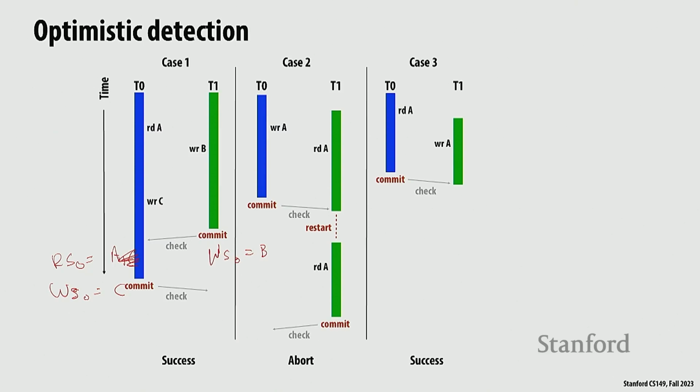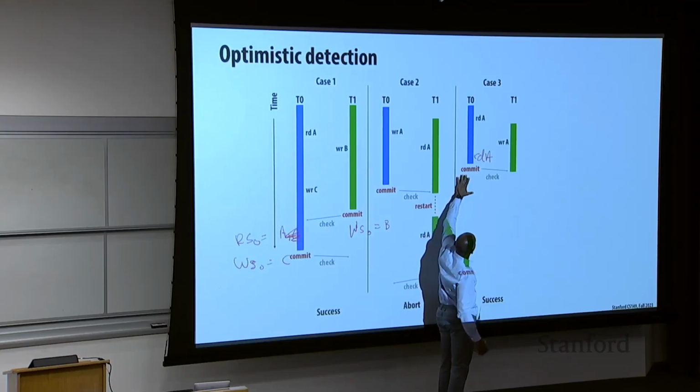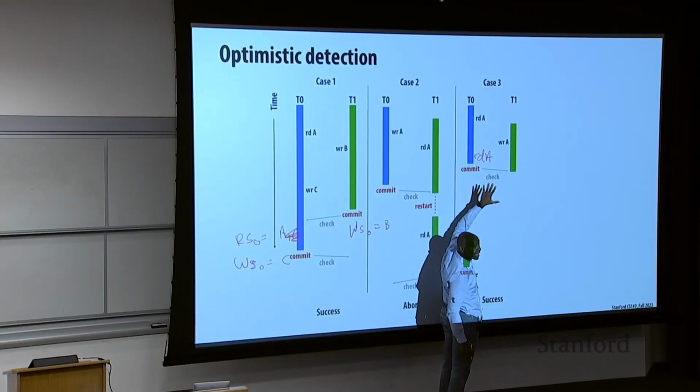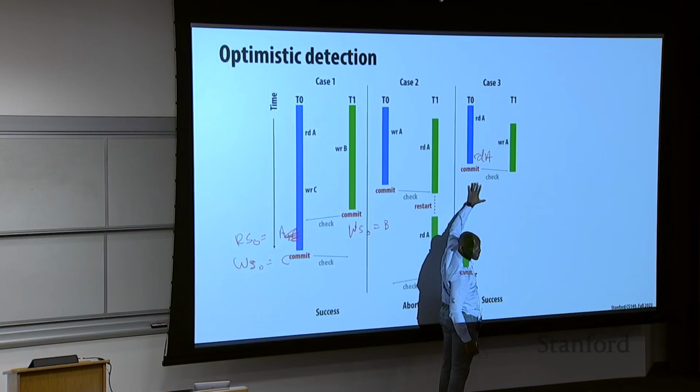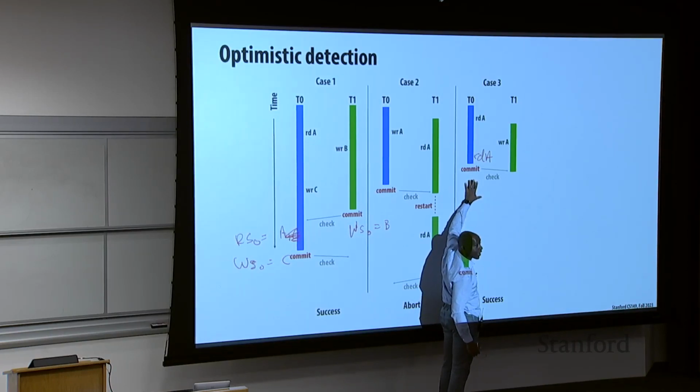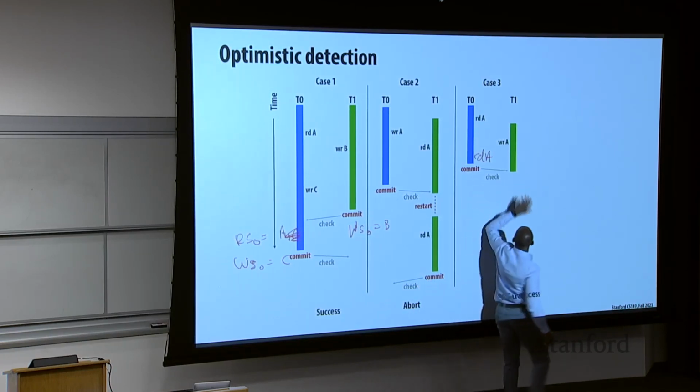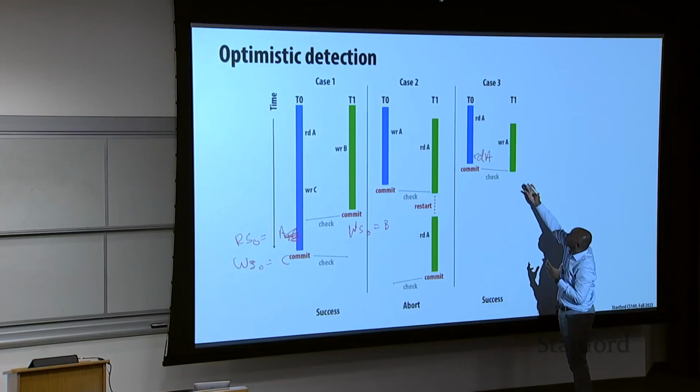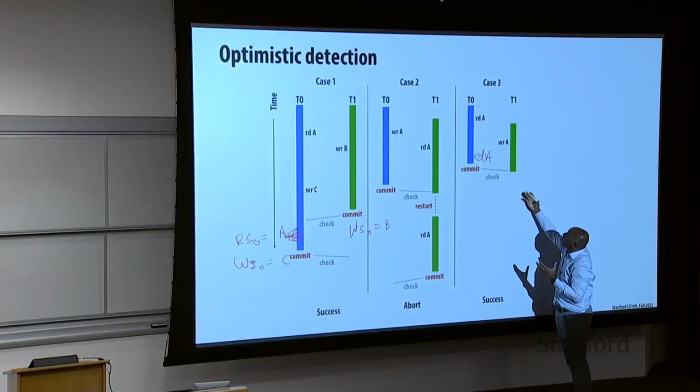It could have happened after the write of A here, or it could be down here in time. But it doesn't matter. So in this case, T0 is committing, and its write set is empty. So you're checking the write set of the committing transaction versus the read set of other transactions, and you say, go ahead.